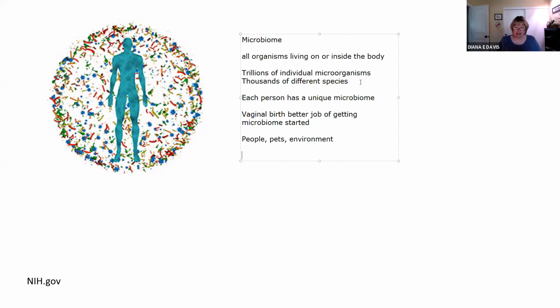And of course, we lose some microbes. We might lose some to infections. So a different bacteria comes along and kills off one species in our digestive tract, for example. Different medications, antibiotics, tells you right there on the label what it's doing. It's impacting your microbiome. Chemotherapy will impact your microbiome. There are some other medications that can be involved in this as well.